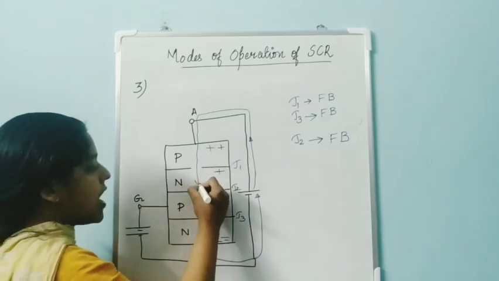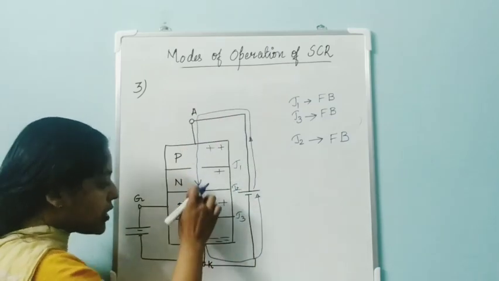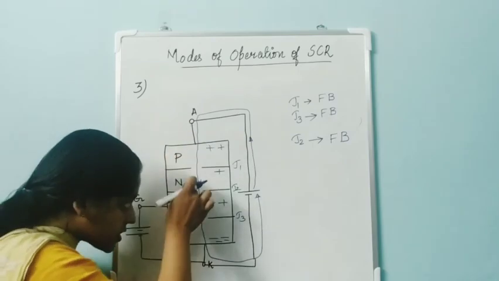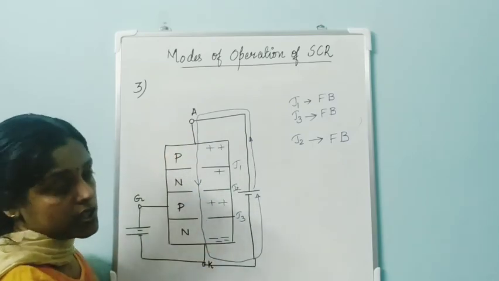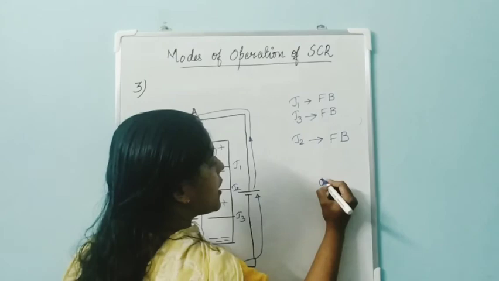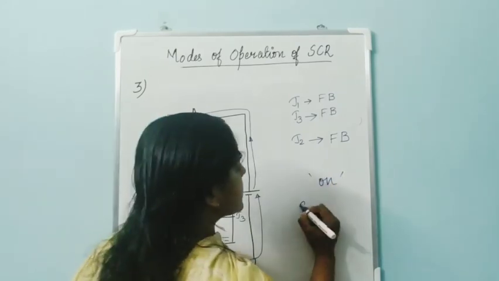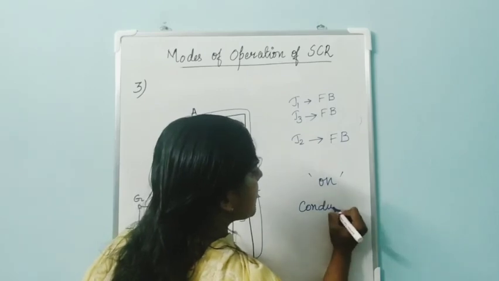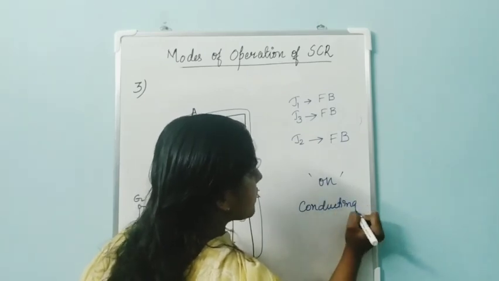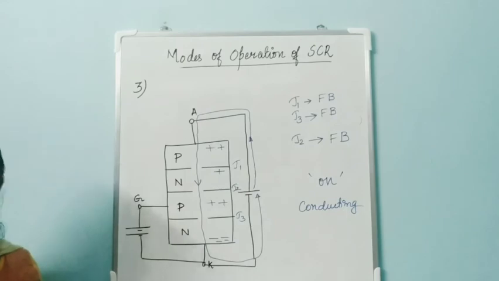See the direction? Current can flow from anode to cathode through the junctions J1, J2 and J3. So, in this particular case, you can say that the device is on, or rather the device is conducting, right? The device is conducting.